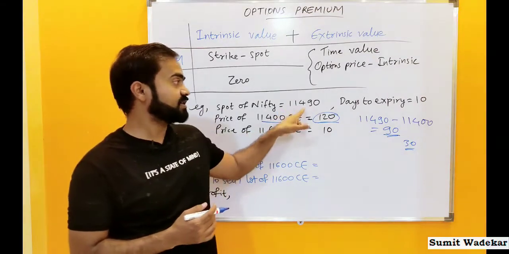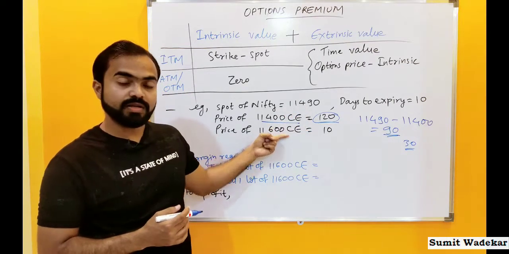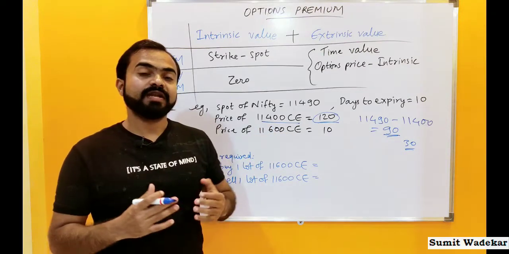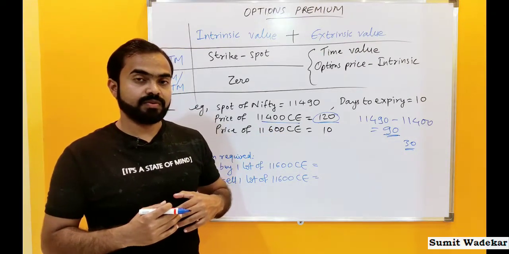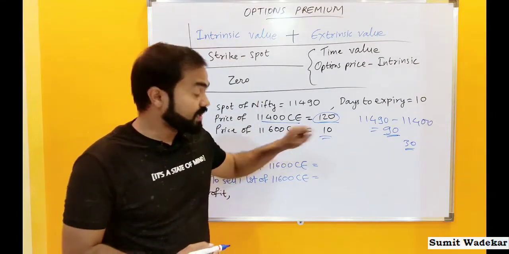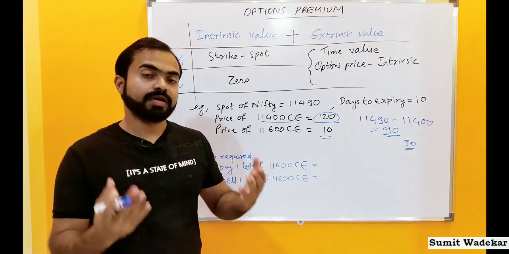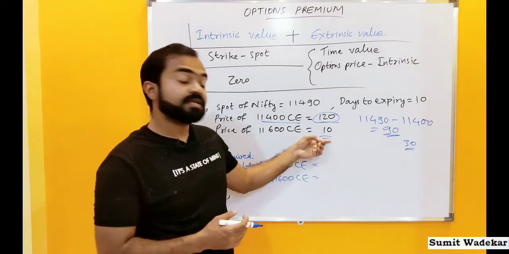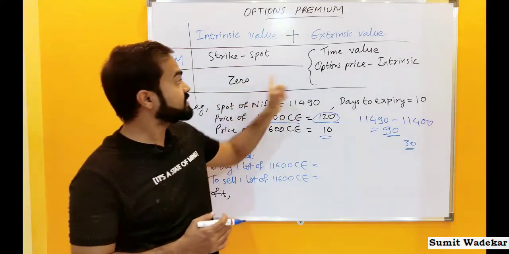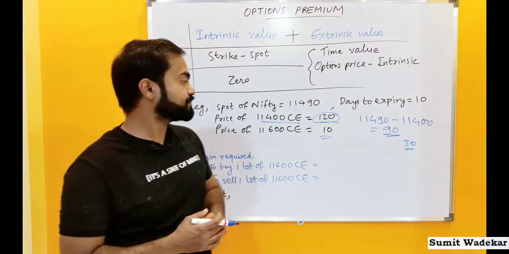When Nifty is trading at 11,490, the 11,600 call is out of the money, so it will not have any intrinsic value. Suppose it is trading at 10 rupees, so this 10 is its extrinsic value, meaning the value due to time. Its intrinsic value is 0 and its extrinsic value is the time value, which is 10.